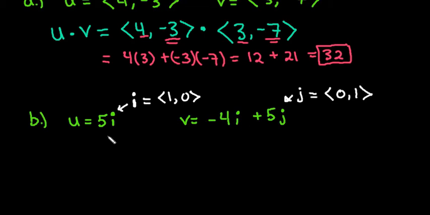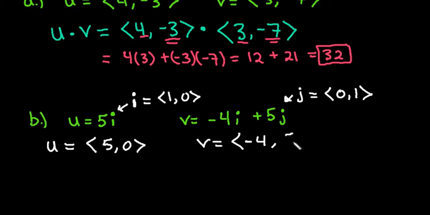So if you happen to see something written like this, they're just referencing the unit vectors. So really we could rewrite u as 5 comma 0, and we could rewrite v as negative 4 comma 5. So this is just an alternative form of writing a vector.